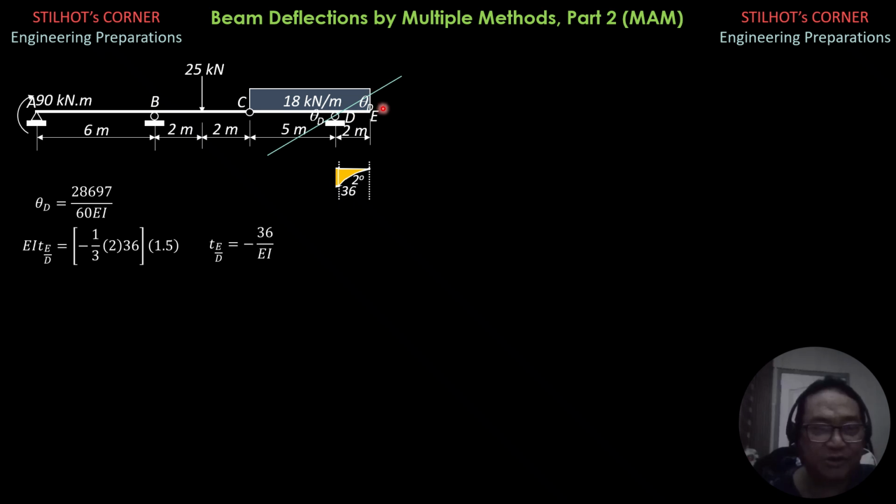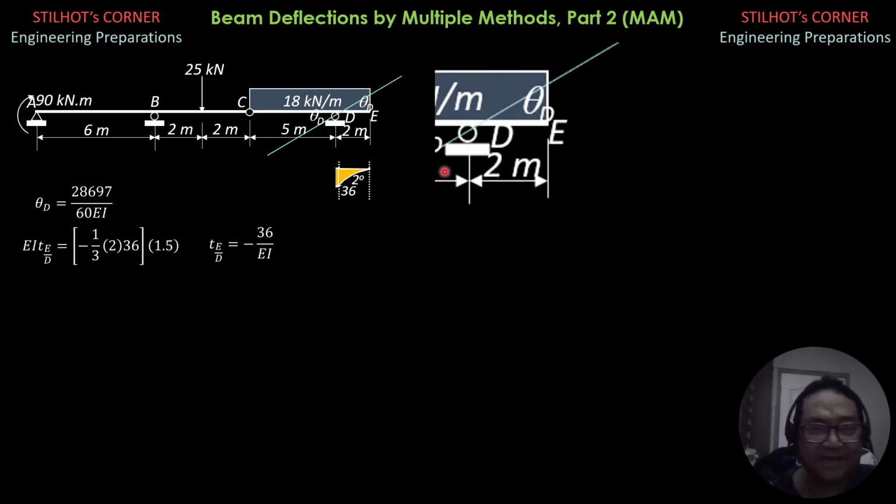But let's magnify that first, because this distance from the original position of E to the reference tangent at D is 2 times theta D, and 2 times theta D is absolutely greater than this value. So E is somewhere here. So this is 2 theta D. This is because the deviation of E relative to D is negative.